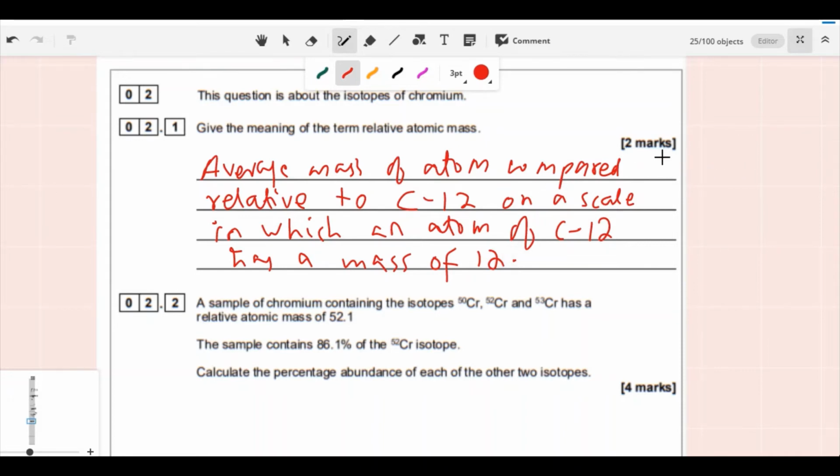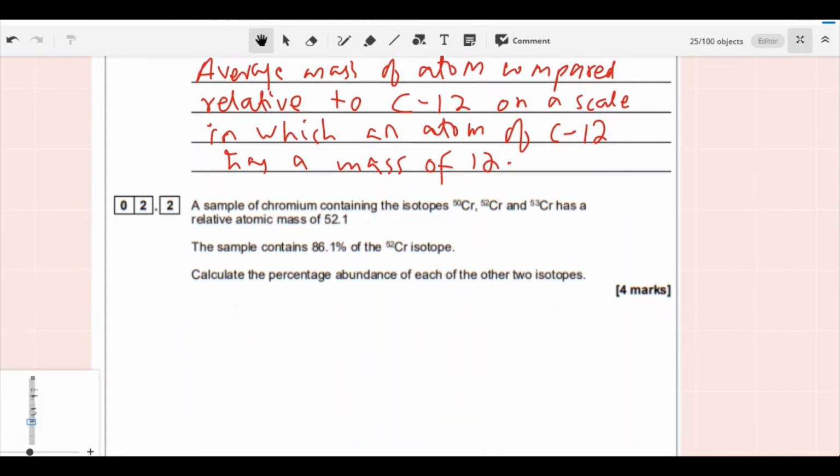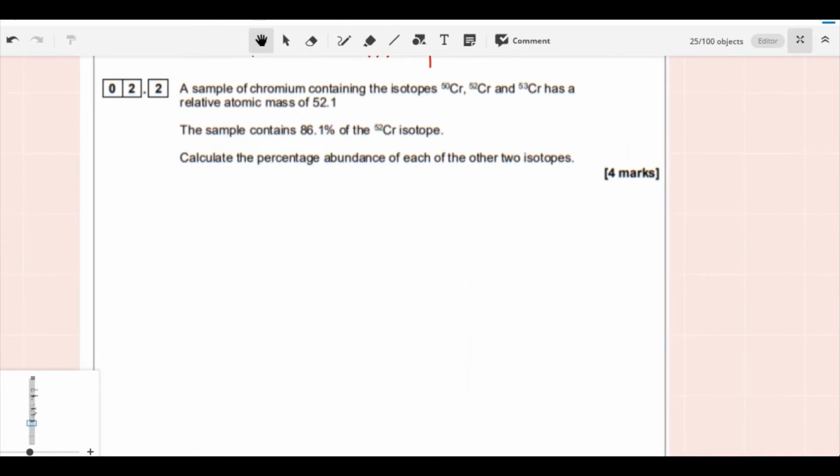Because that is a 2 marks question, it means you need to write a more precise, more accurate and more valuable definition here.